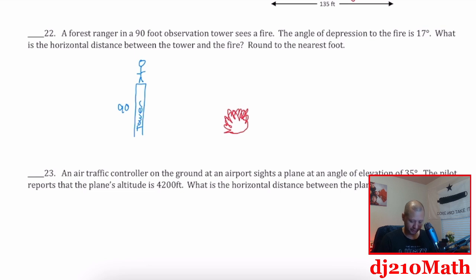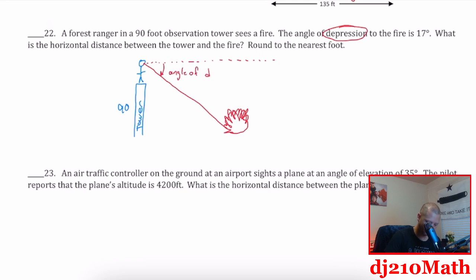The angle of depression is the angle from his line of sight to the fire, and it is 17 degrees.